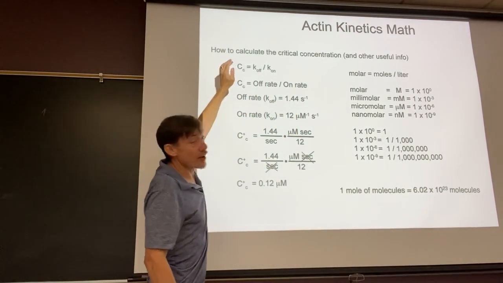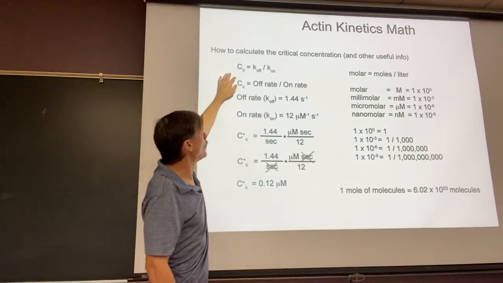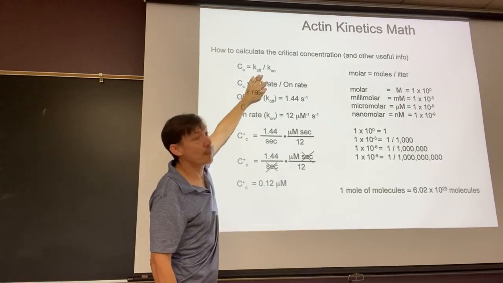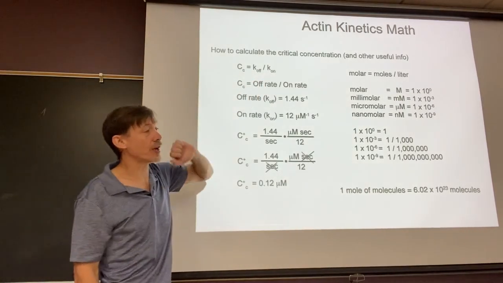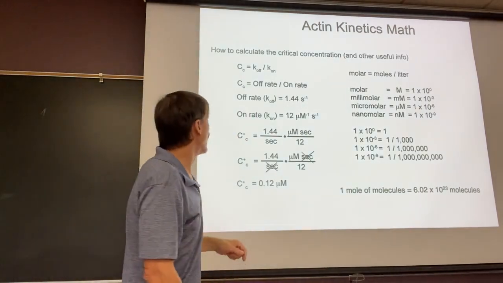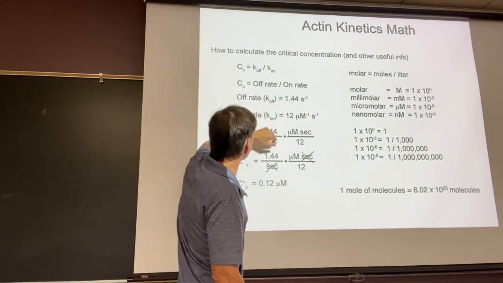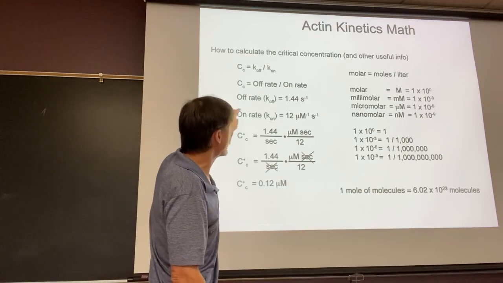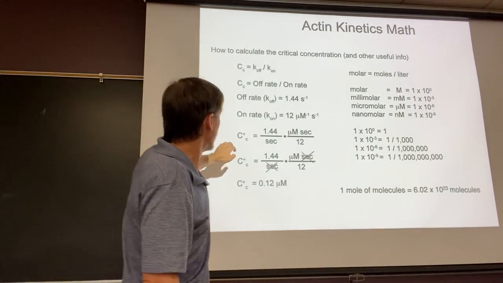So we know we've got our critical concentration, and what we want to do is divide K off by K on. So K stands for the constant, the off constant and the on constant. And we can expand that. We know what our off rates and our on rates are.